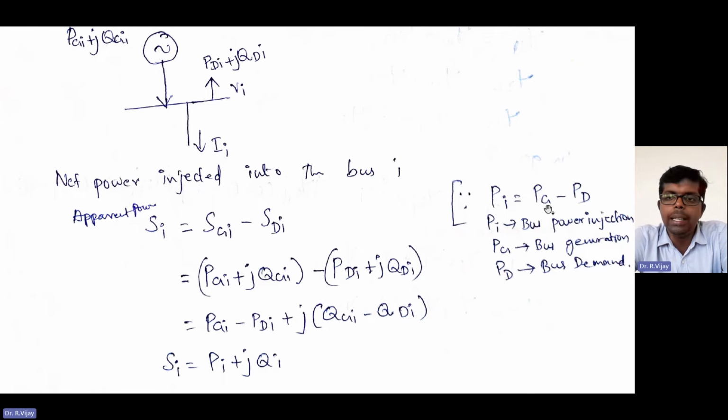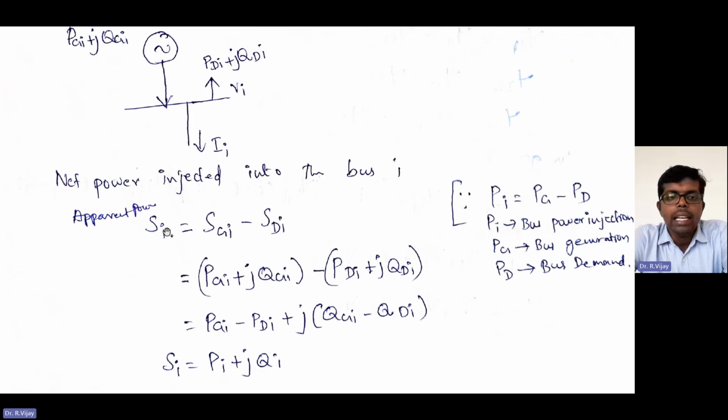PI is the power injected at the ith bus, and PG is the power generation at the generation bus, and PD is the power consumed at the demand bus. So PI is equal to PG minus PD.